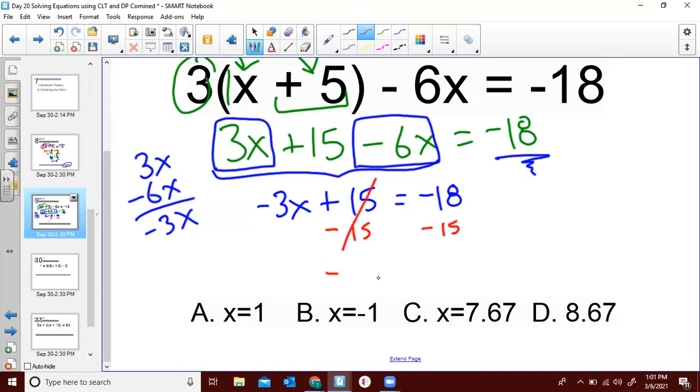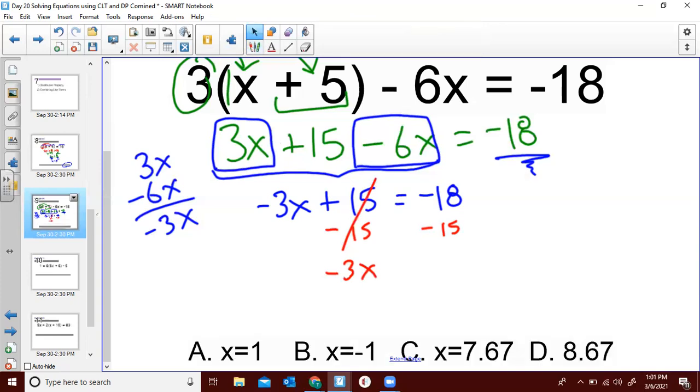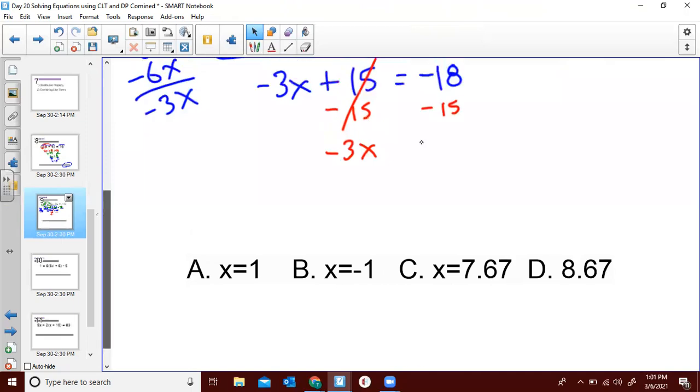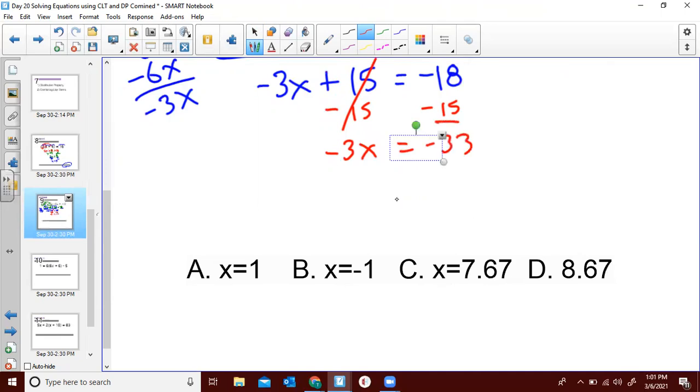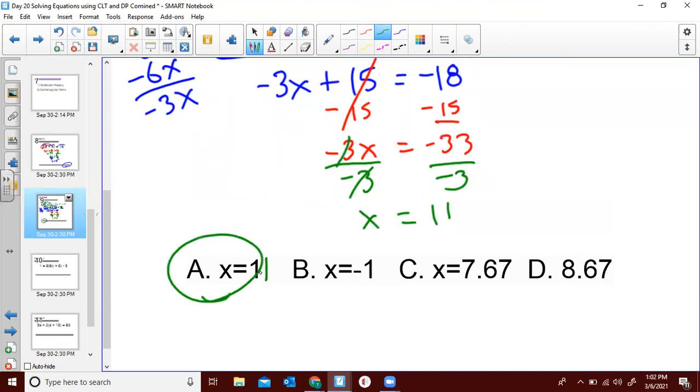We'll be left with negative 3x on this side, and a negative 33 on this side. And I actually don't have the right answer here, so this was good to do beforehand. We're going to divide by negative 3 on both sides to get that x by itself. And you'll see what we get is a positive 11. So let's just write a 1 here, and the answer is A.